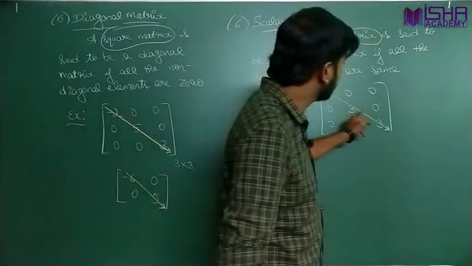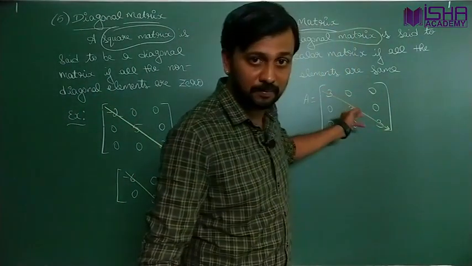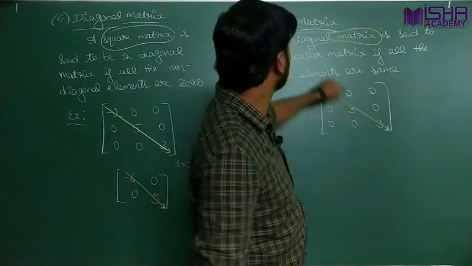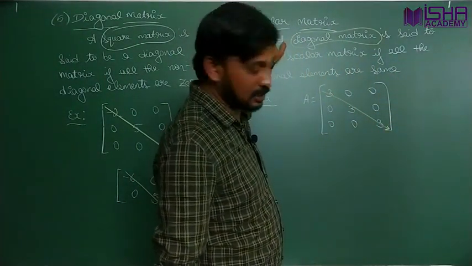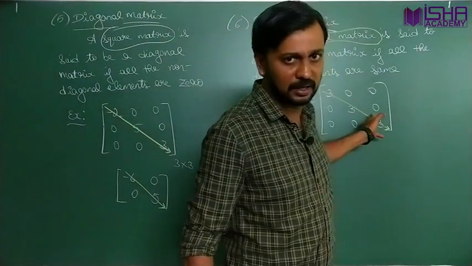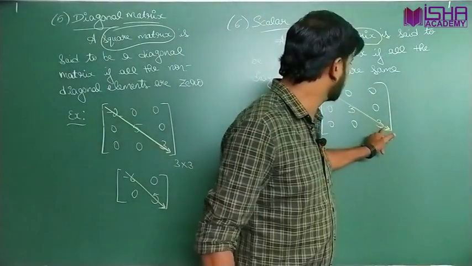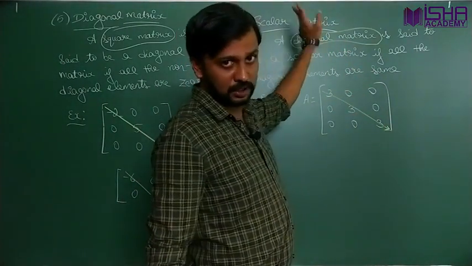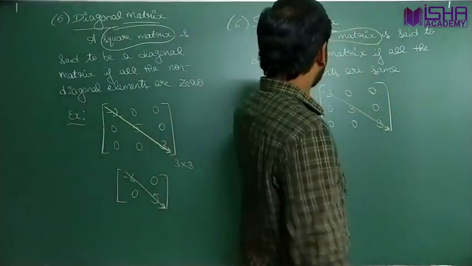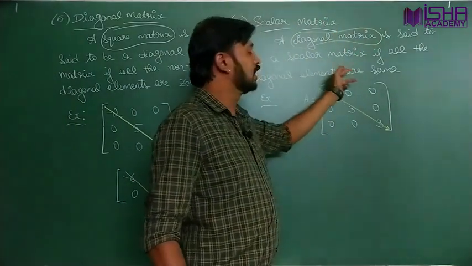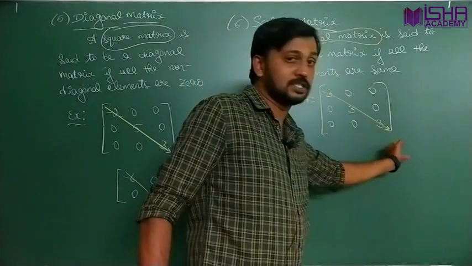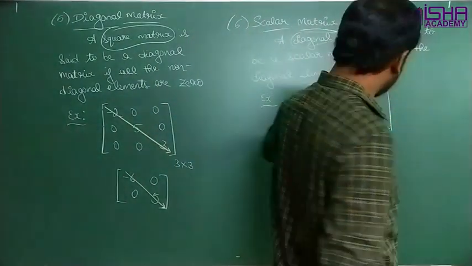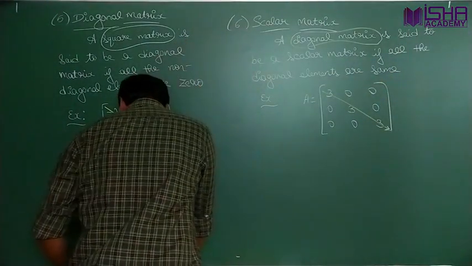Now all the diagonal elements are same. If all the diagonal elements are same, then it is said to be a scalar matrix. It can be anything, it need not be 3. But only if all the diagonal elements are same do we call it a scalar matrix. Understood? So a diagonal matrix is said to be a scalar matrix if all the diagonal elements are equal or same. This is regarding the scalar matrix.